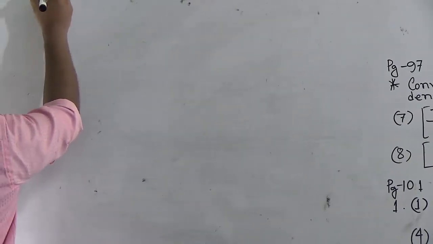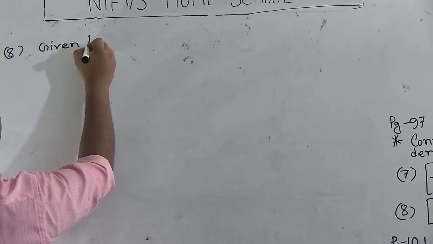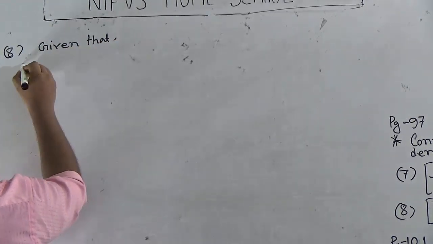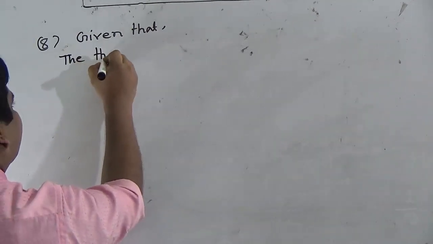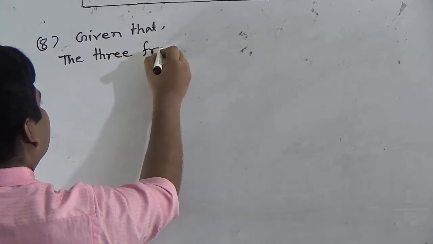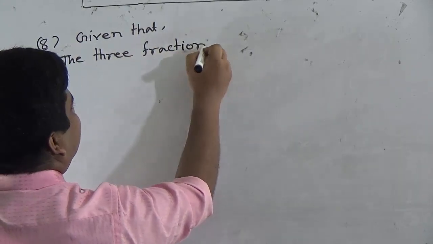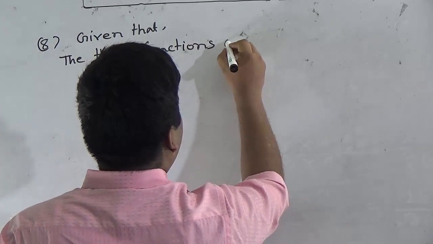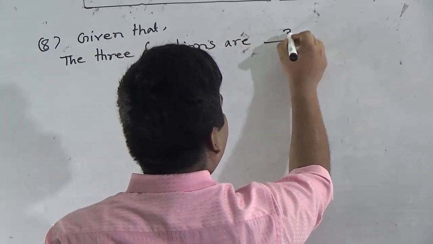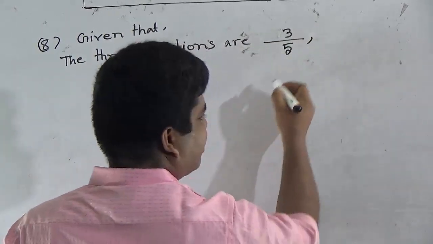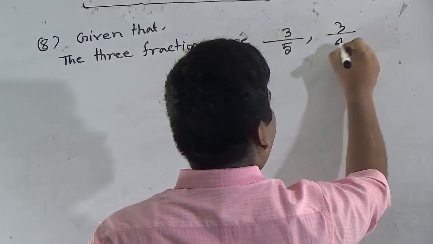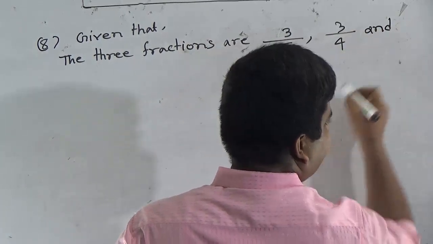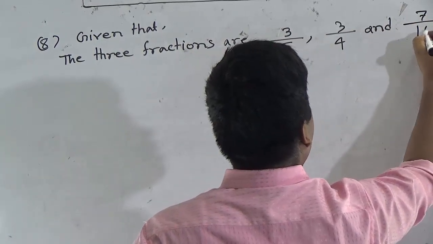First of all we write as usual, given that the three fractions are 3 by 5, 3 by 4 and 7 by 10.